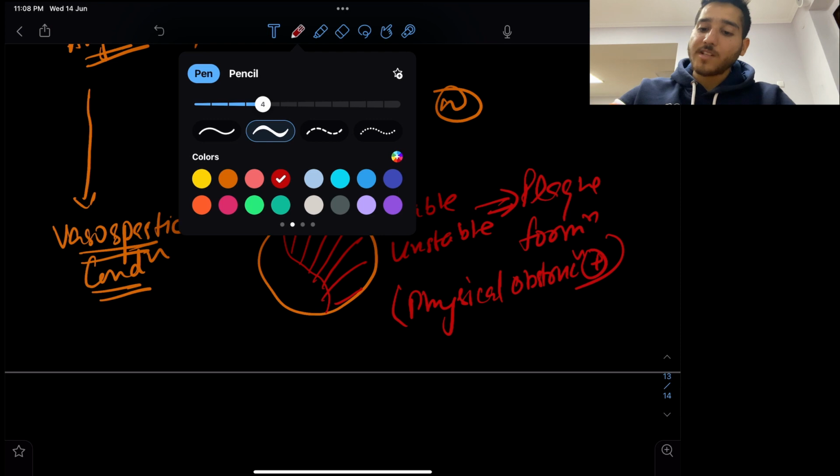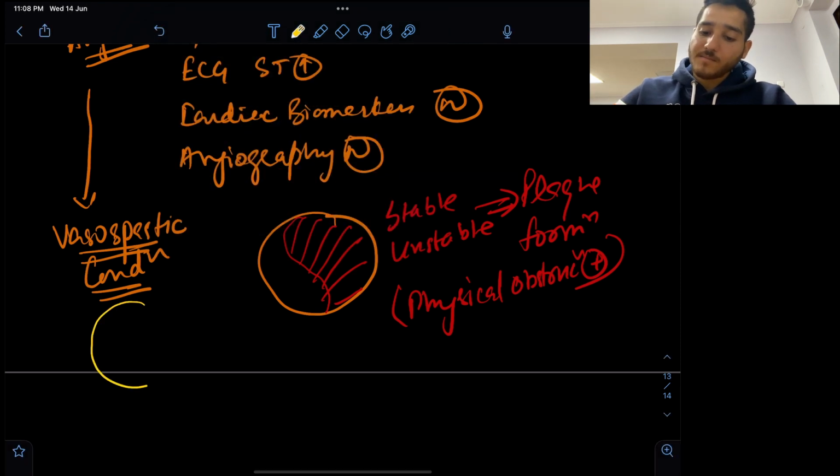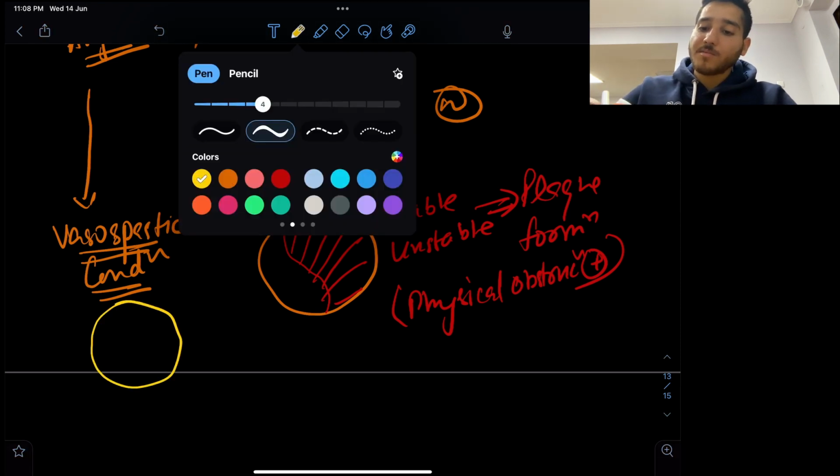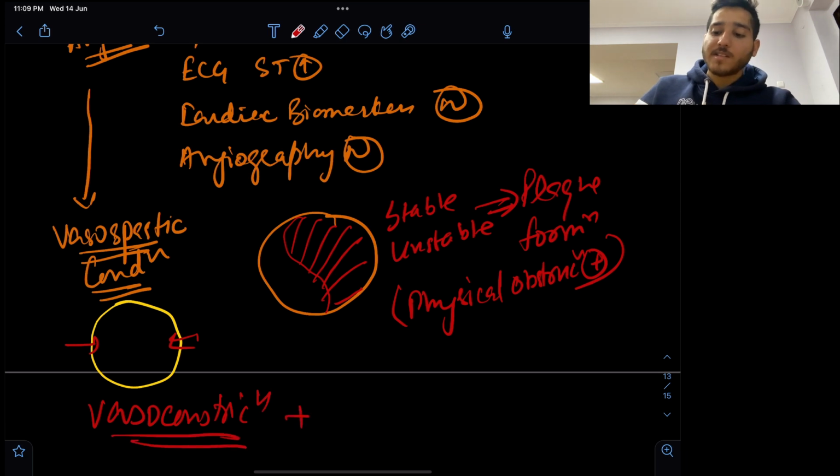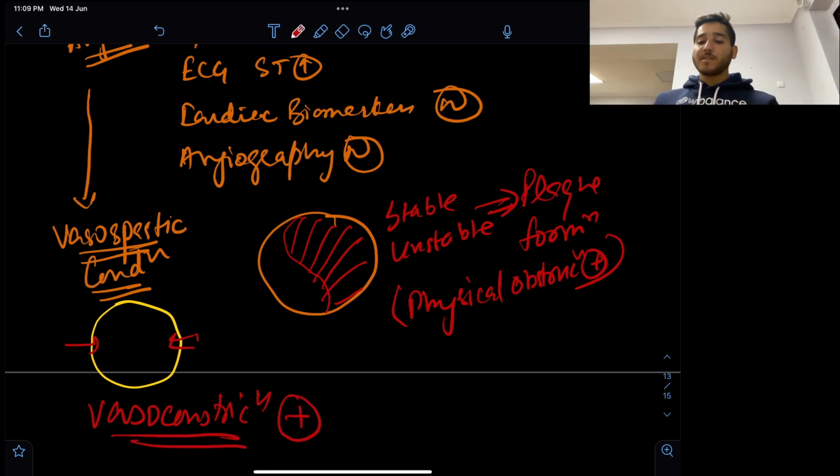But in case of vasospastic angina, there's no physical obstruction present, but there's vessel spasm. So there will be vasoconstriction, which is relieved after some time, and the patient's pain will go away.